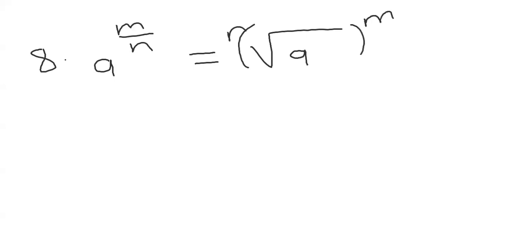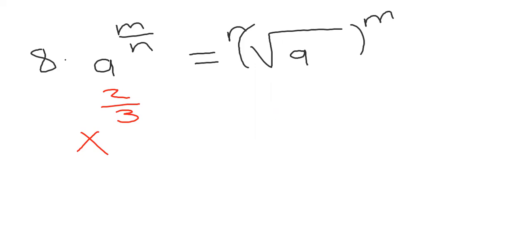So it says if your power is a fraction, then you are going to get the nth root of a to the power m. What this means is, let's take, for example, x to the power 2 over 3. 2 over 3 is a fraction.